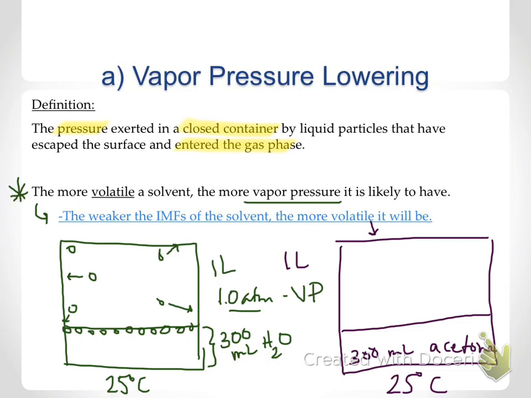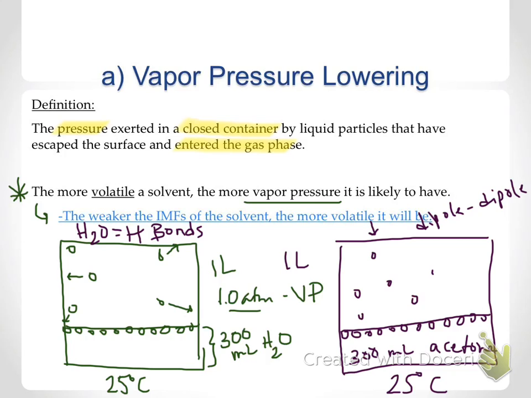Water has hydrogen bonds, which are very strong intermolecular forces. Acetone does not. Acetone is polar, so it has dipole-dipole intermolecular forces, which are much weaker, and it is much more volatile. Meaning, if you have the same amount, those molecules are a lot more likely to leave the surface.